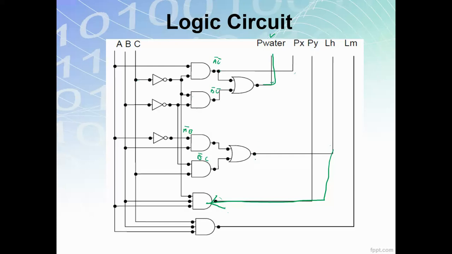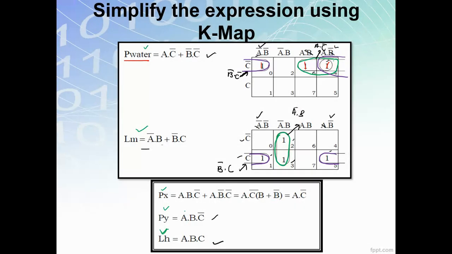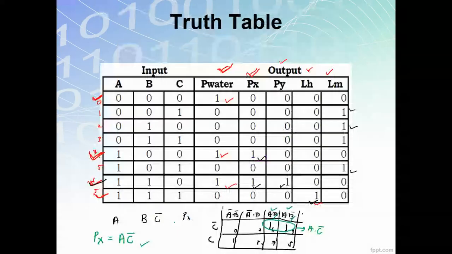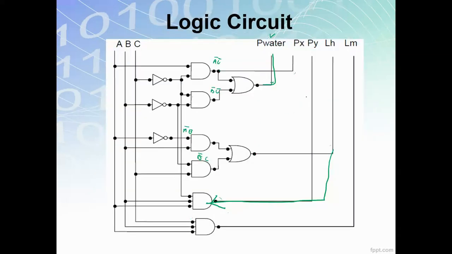Okay, and this PY is A bar dot B, A bar dot B, ABC bar. PY is actually ABC bar.